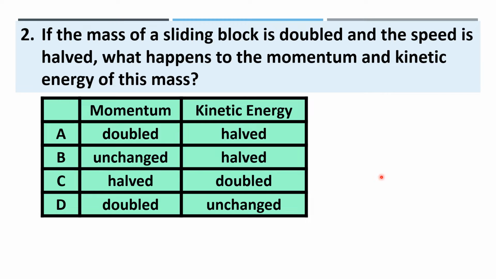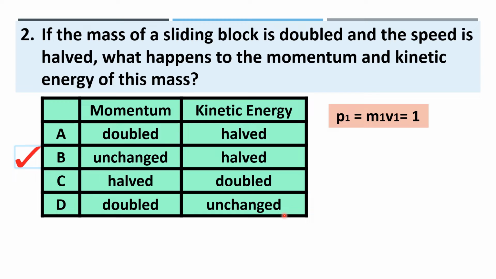Or should it be letter D, momentum is doubled and kinetic energy unchanged? So what is the correct answer? It is option letter B. And why? This is how we're going to prove that letter B is the correct answer.